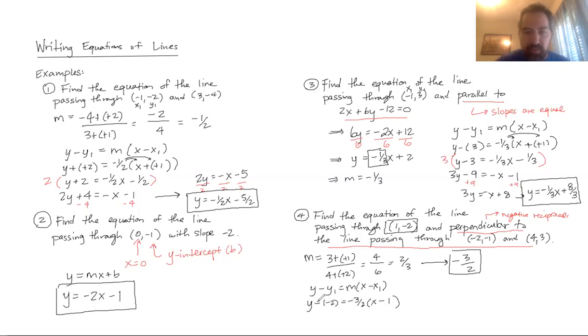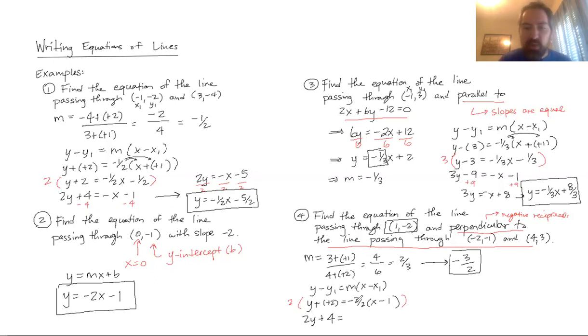And this is what I was saying in the previous example, right? At this step, you could just go ahead and multiply everything by 2, which I'll do here to show you what that looks like, just to get rid of this fraction. So the denominator is 2, so multiplying everything by 2. Maybe I should say multiply the left-hand side by 2 and multiply the right-hand side by 2. That'll get you 2y plus 4 on the left-hand side.